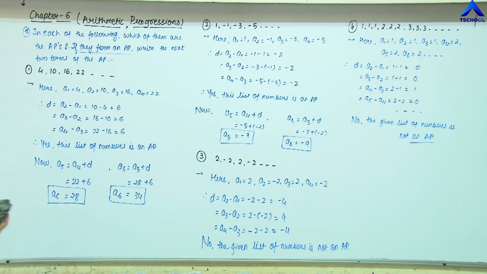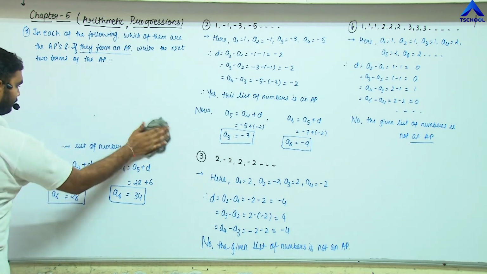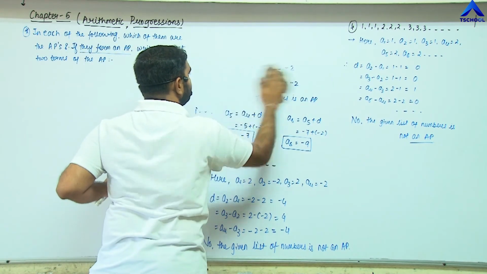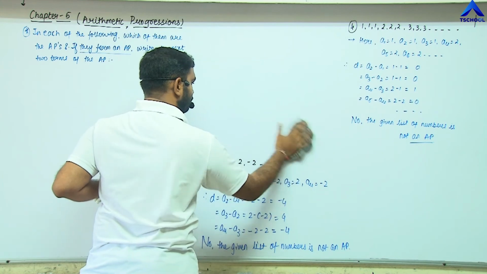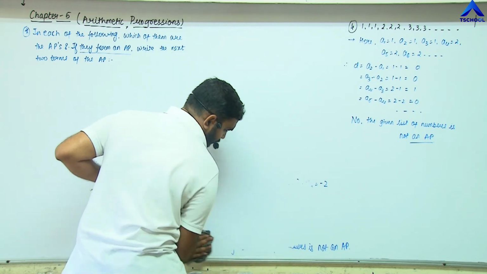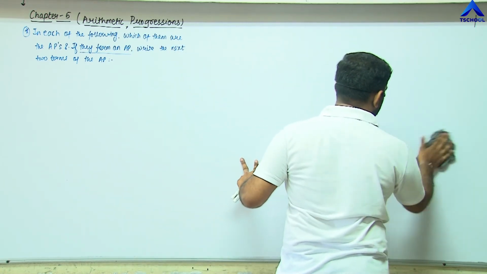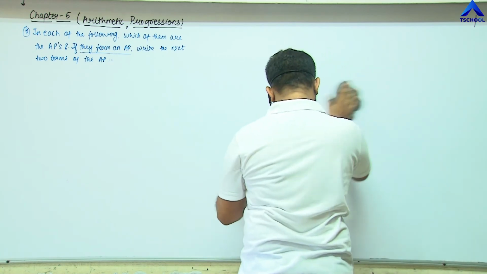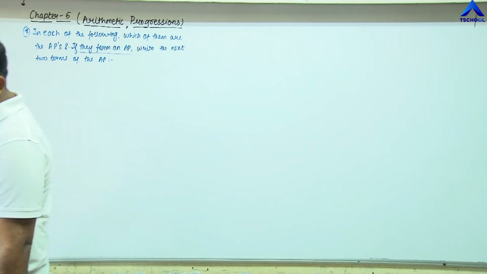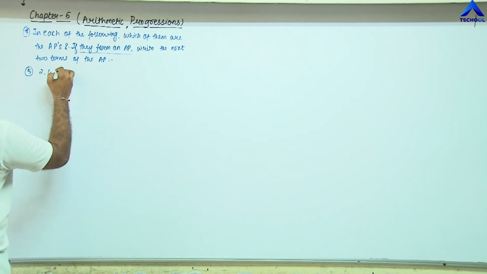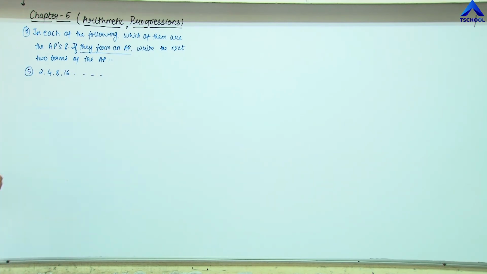So let me erase this. I'm writing the fifth one here: 2, 4, 8, 16, and so on.